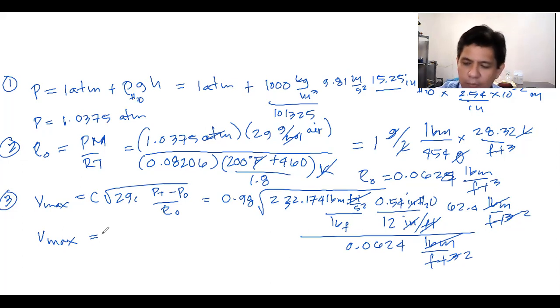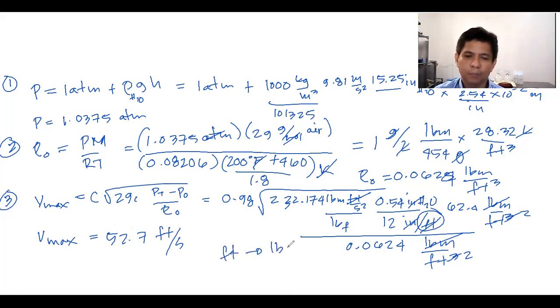So that's your V max, 52.7. This feet unit of pressure is pound force foot per pound mass, so these cancel out, and what remains is feet per second after taking the square root.